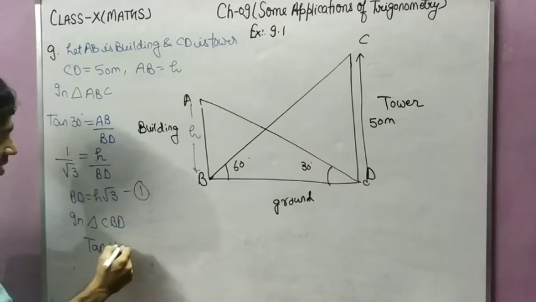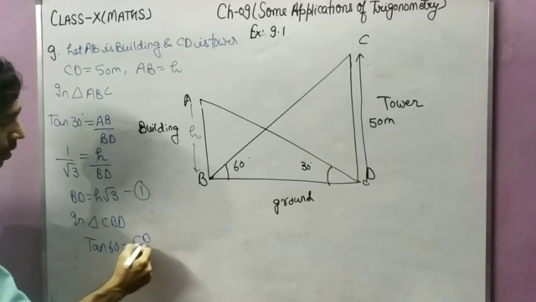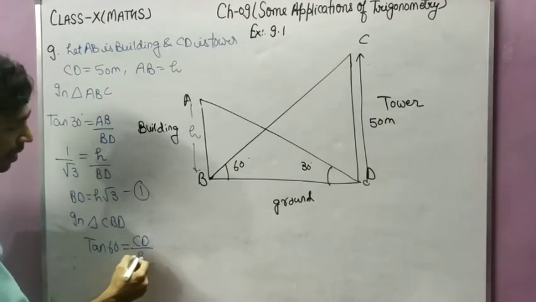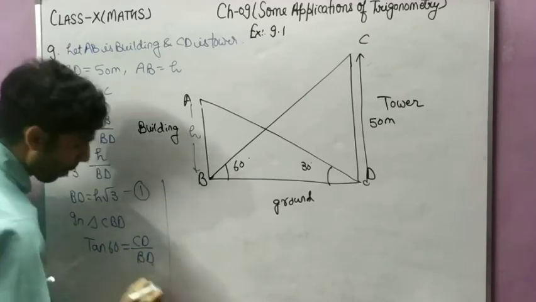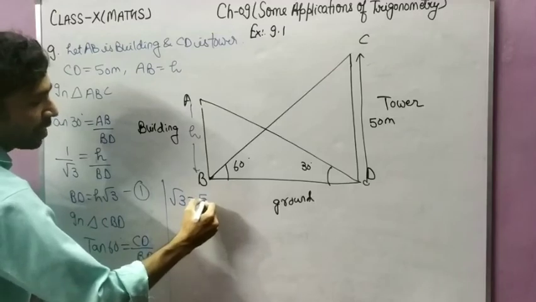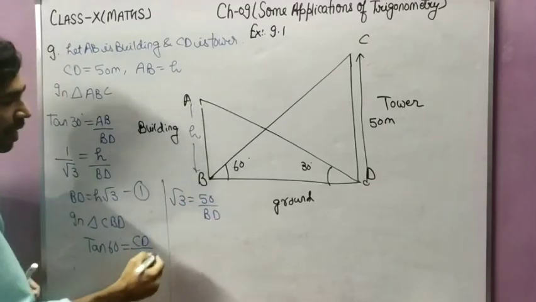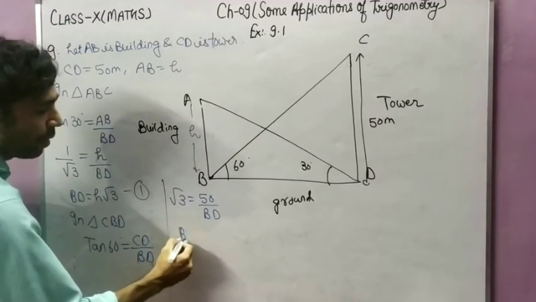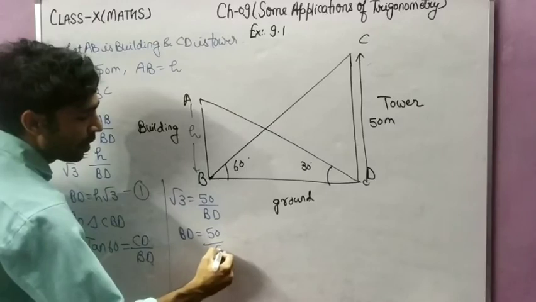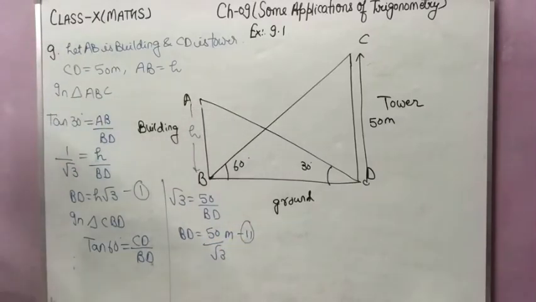In that case tan 60, for 60 degrees the height will be CD and the base will be BD, ठीक है। Now tan 60 we know is root 3, CD is 50, and BD we don't know, ठीक है। So the value of BD will be equal to 50 by root 3 meters, ठीक है, equation number 2.